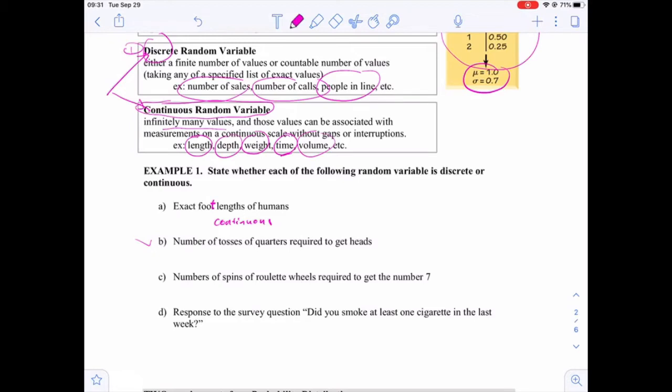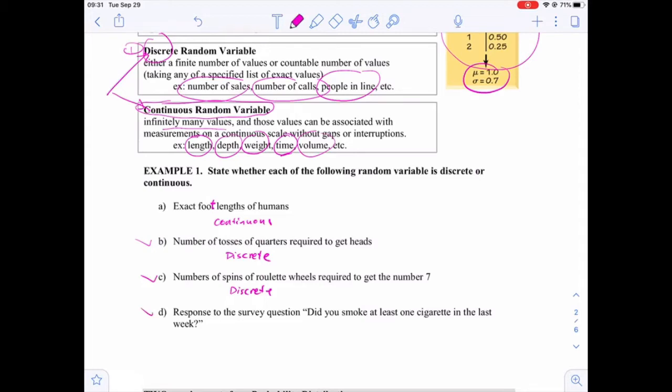The number of tosses can be 1, 2, 3, 4, etc. Those are whole numbers, so it's discrete. C, the number of spins of a roulette wheel required to get the number 7. Since we are talking about the number of spins, that cannot accept halves or fractions, so this is also discrete.